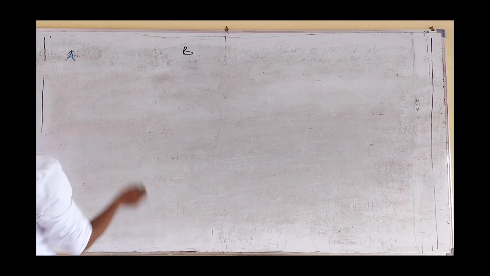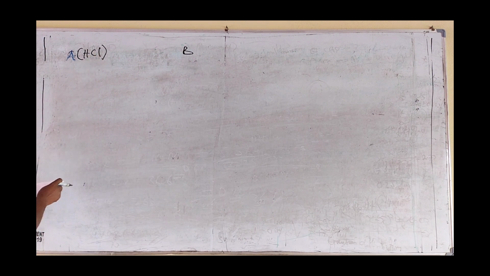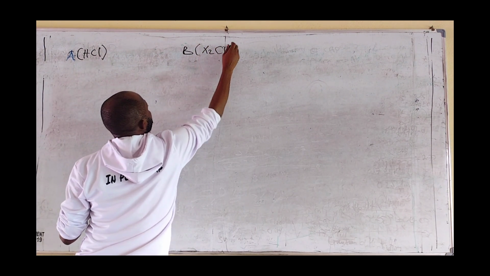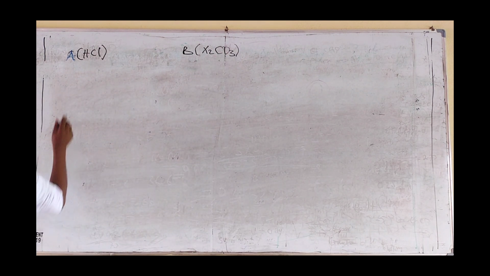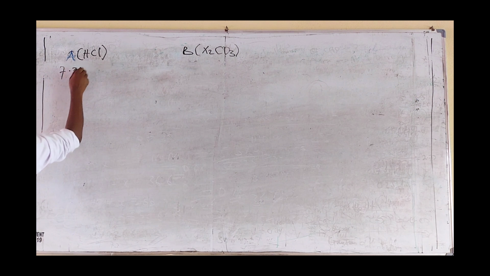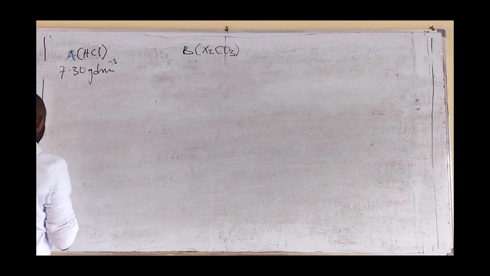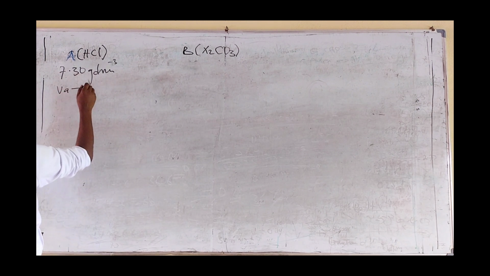So let's put down the given. Our A now is HCl. Our B is X2CO3. Let's say A is 7.30 g/dm³, the mass concentration. Volume of the acid after titration is 25 cm³.